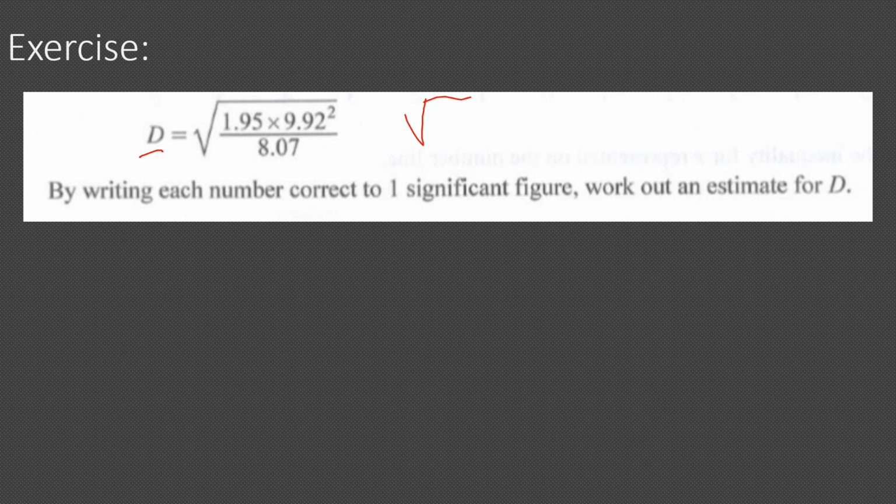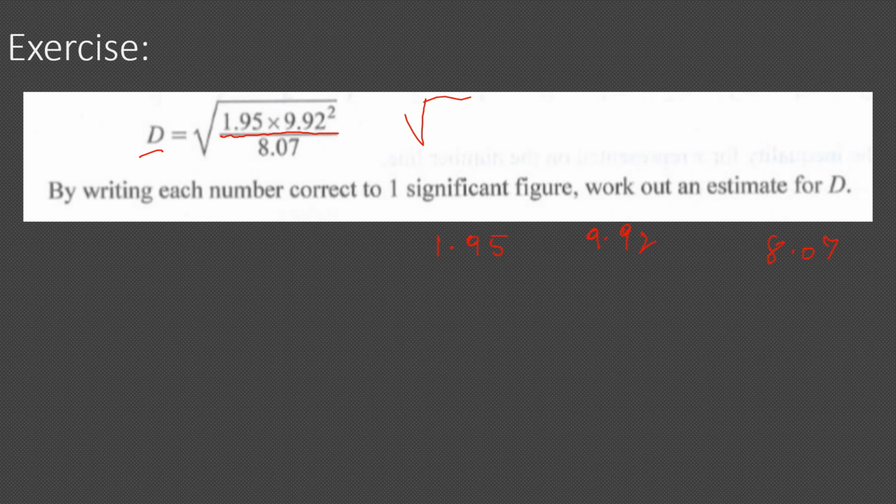And it says by writing each number correct to one significant figure, work out an estimate for D. So each number in this equation has to be in one significant figure before we find the answer, or rather the estimate. And so we'll start by analyzing each number. The first number is 1.95, the second number is 9.92, and the third number is 8.07.